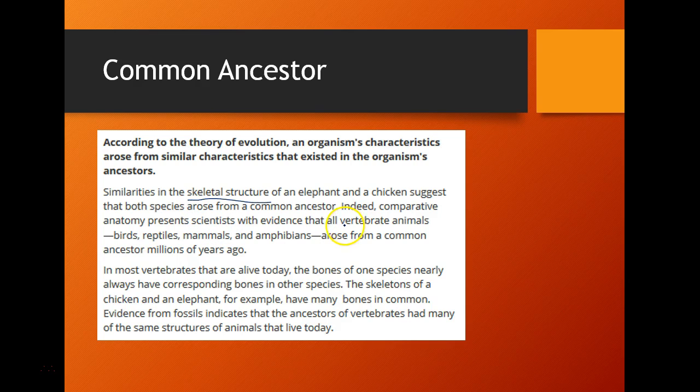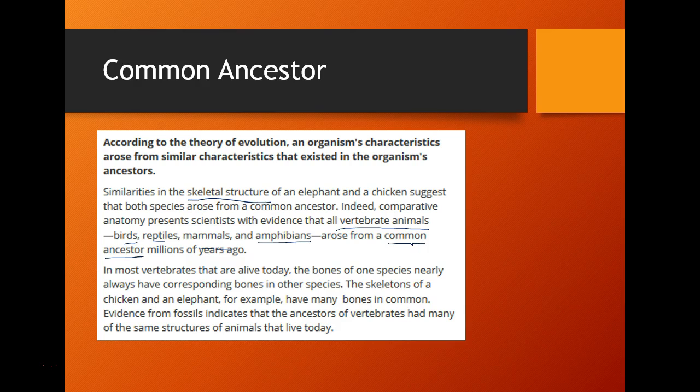And if they were to look at all the vertebrate animals, all animals with a backbone, so that would be birds, reptiles, mammals, amphibians, very different organisms, but if they were to look at the skeletal structure, they could see that there is possibly a common ancestor that all of them came from millions of years ago.